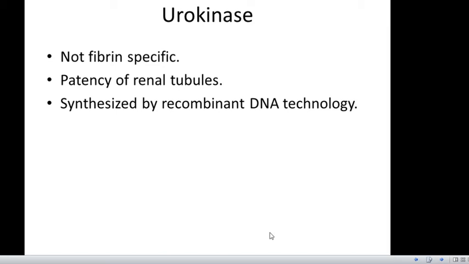It can be manufactured by recombinant DNA technology. Other probable roles of urokinase are to keep the patency of renal, milk, tear, and semen ducts and tubules by preventing the deposition of fibrin within them.